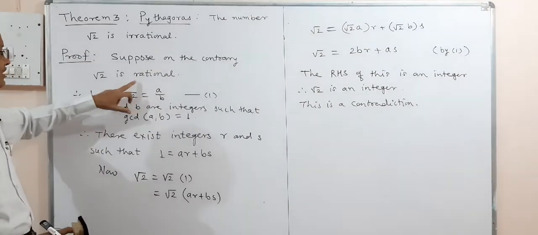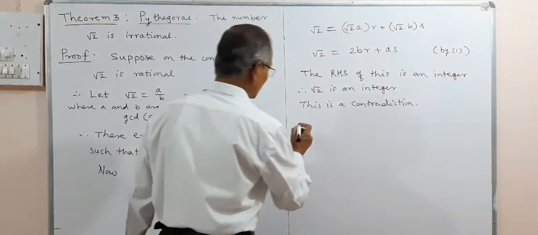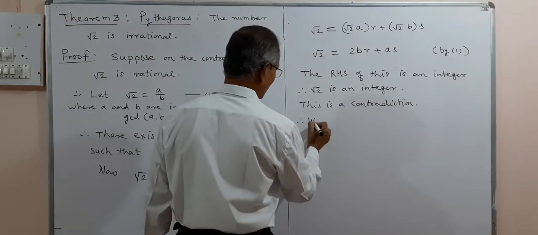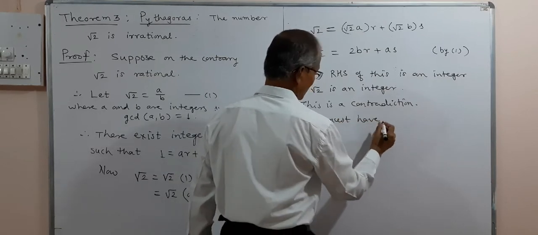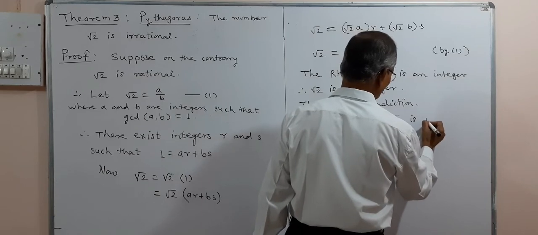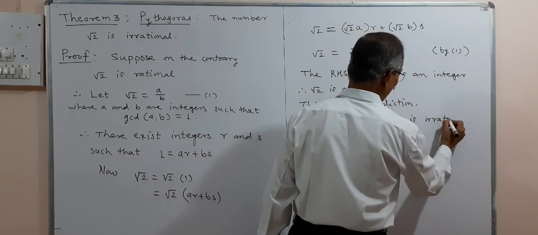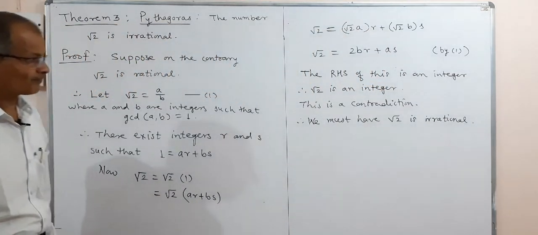What we have supposed is root 2 is rational, and that is wrong, and therefore we must have root 2 is irrational, or root 2 is an irrational number, and this completes the proof.